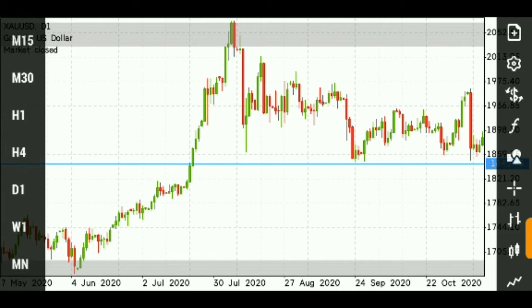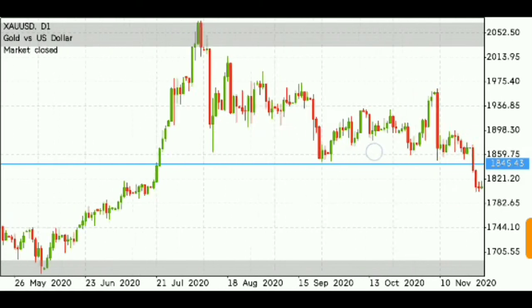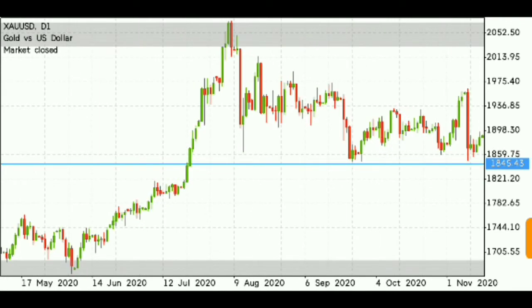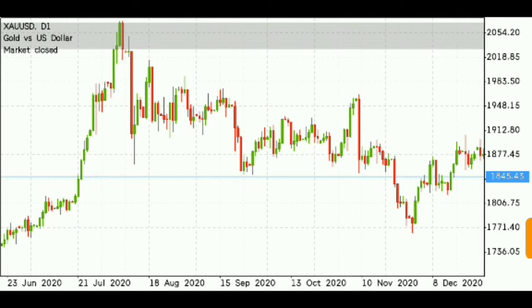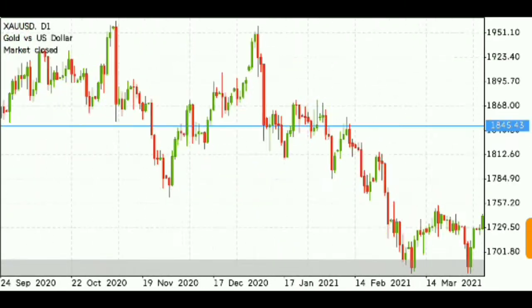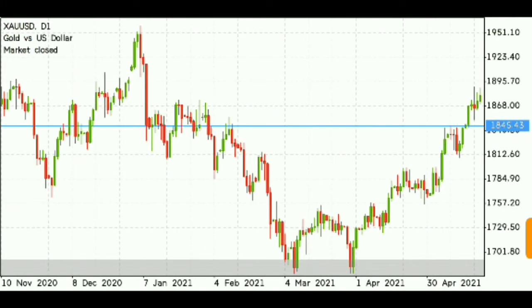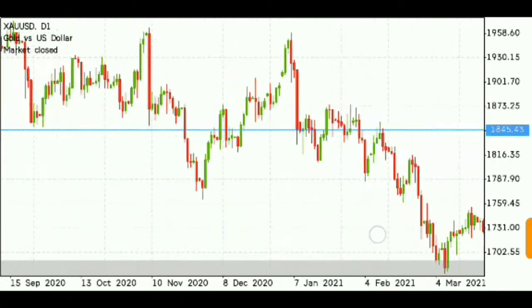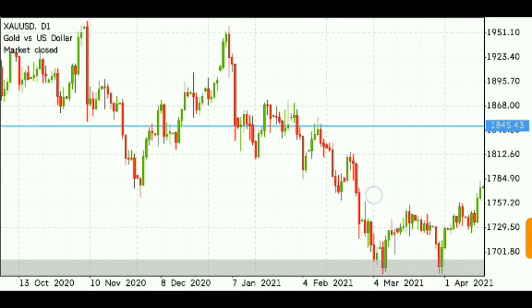When they get that reversal confirmation, they will dive right in and sell the market. Some can take profit right here, some right here, and some will wait for it to get to the support level and give them a reversal sign before they take their profit, or some can take it right here.